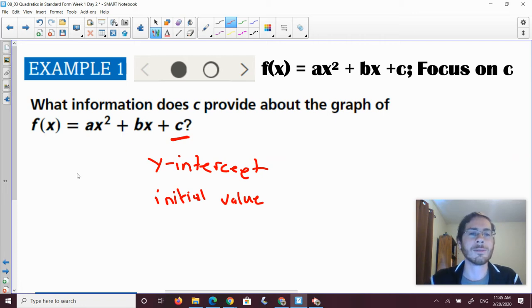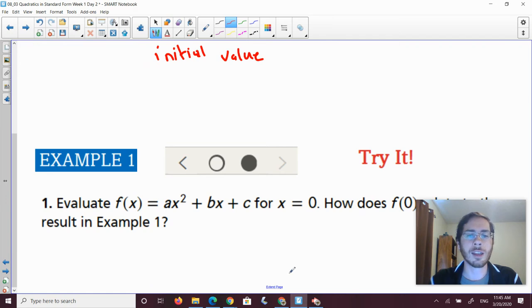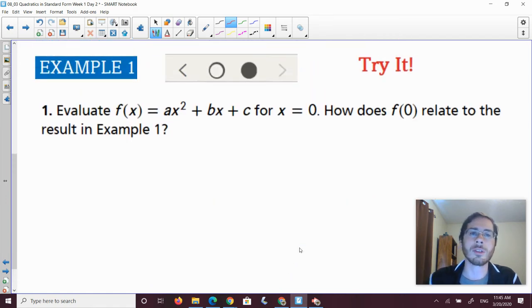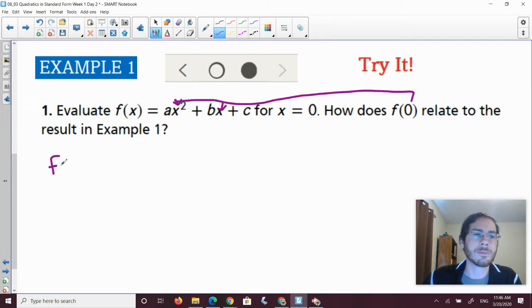It's still the one that doesn't have a variable on it. That's what c is. Down here in the try it, it relates again to some of the function notation. How does f of 0 relate to our result for example 1? Well, if we find f of 0, remember that means we have to plug 0 in for each of the x's. So we get a times 0 squared plus b times 0 plus c.